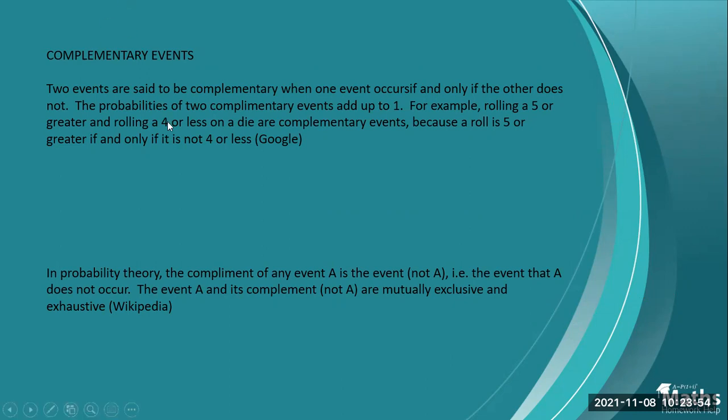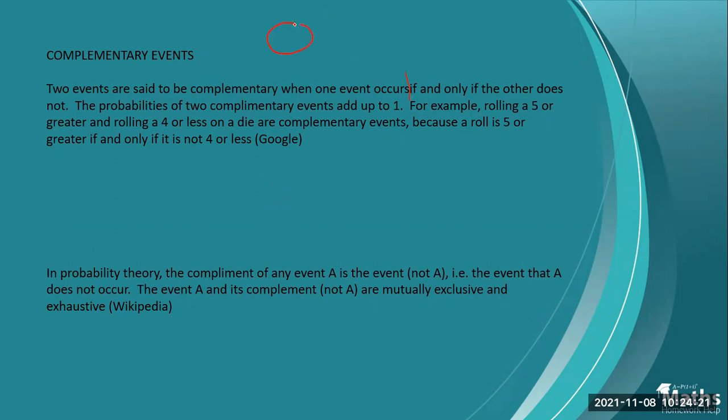So 2 events are said to be complementary when one event occurs if and only if the other one does not. So it means they can't occur simultaneously.